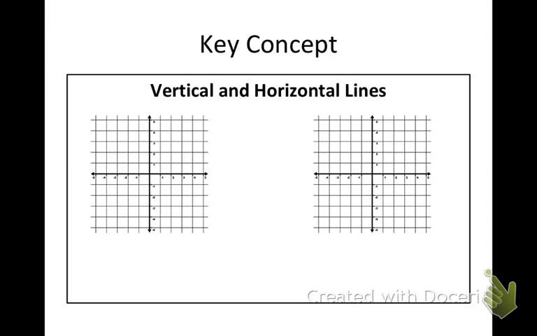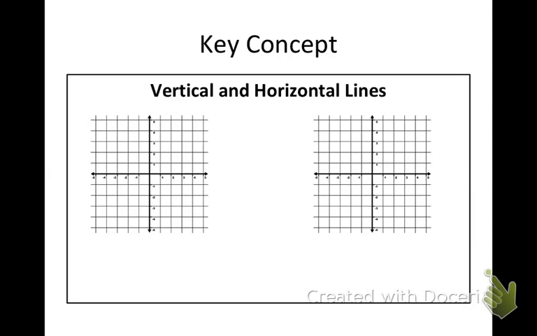So, let's first talk about vertical, because that's what I had listed up there first. Vertical lines go up and down, right? What is the slope of a vertical line if it goes up and down? Undefined, no slope, it doesn't exist, right? You can't ride your bicycle down that slope of a street.